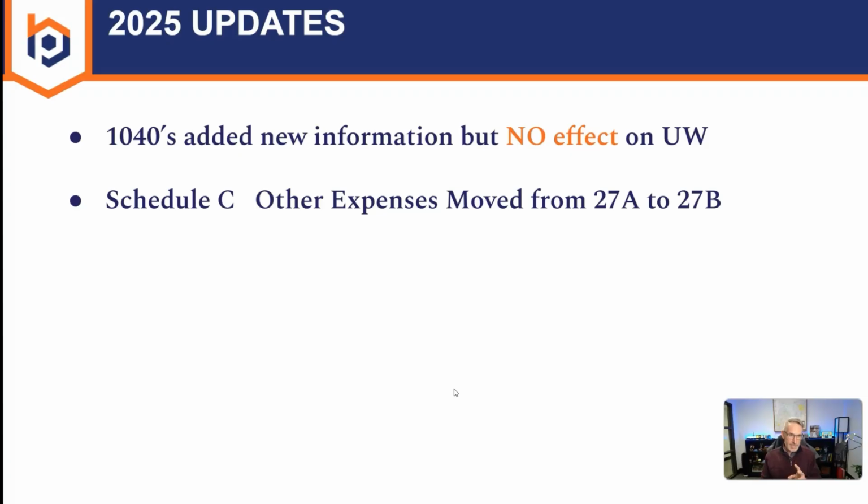One of the boxes an underwriter looks at is line 27A, an addendum line that says this box represents another form with a whole bunch of entries in it. Some of those entries, like casualty loss and amortization, can be added back in cash flow. It's now line 27B.